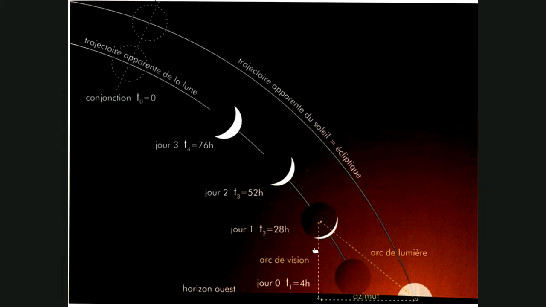Now there are some rough estimates. If you look at the crescent from here just after sunset with a telescope, the record time observed is when the crescent is about 12 hours old.